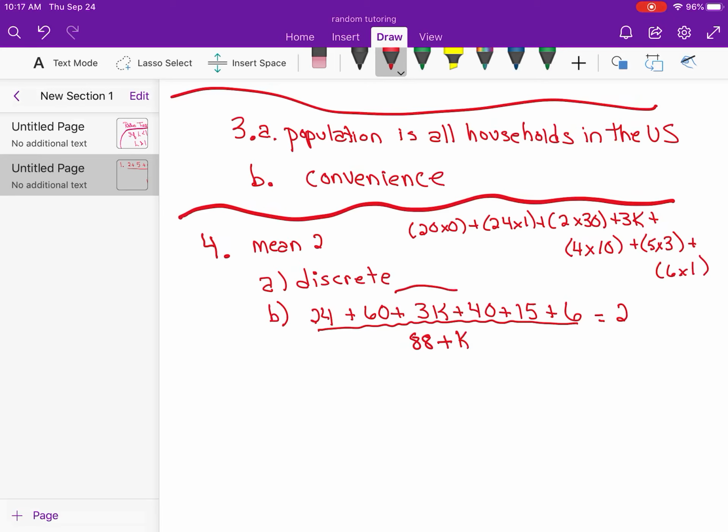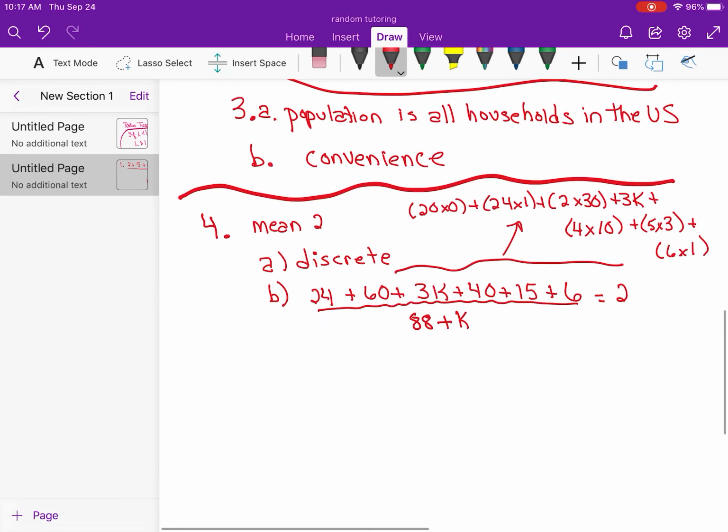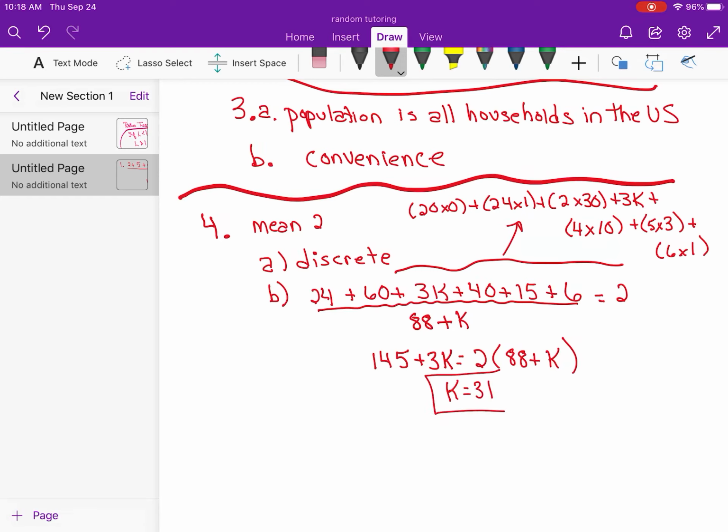That's where all this top part is coming from. So similar to the shoe one, you have to account for the frequency. So you go ahead and do your math, and you get 145 plus 3K equals 2 times 88 plus K. And you do that out, and you end up with K equaling 31.